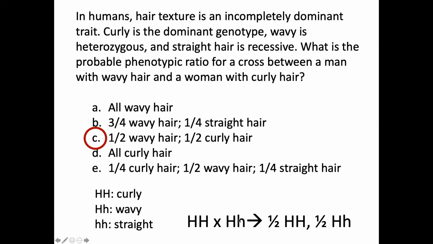Apparently, the offspring will be half HH and half heterozygous Hh. And the question is asking about what? Phenotypic ratio. So you know that you will have half curly and half wavy. So the correct answer is C. A little bit of calculation will help you solve the question much better.